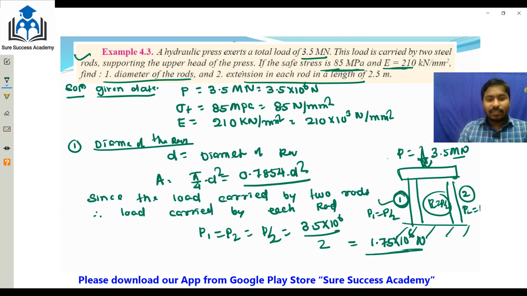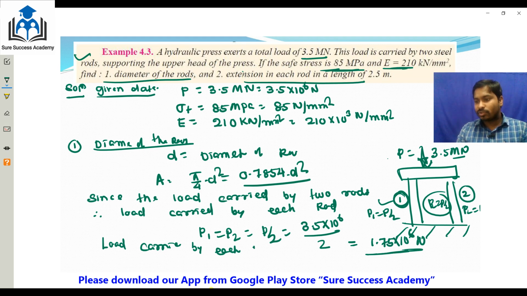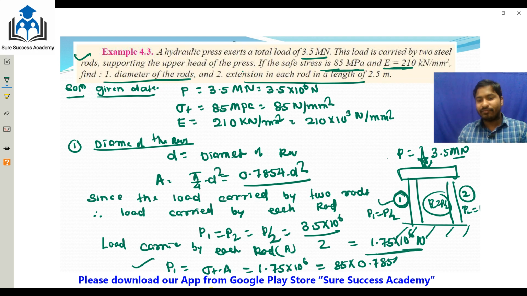Now the load carried by each rod, P1, is equal to stress into A. So 1.75 into 10 to the power 6 is equal to 85 into the area, 0.7854 D square.